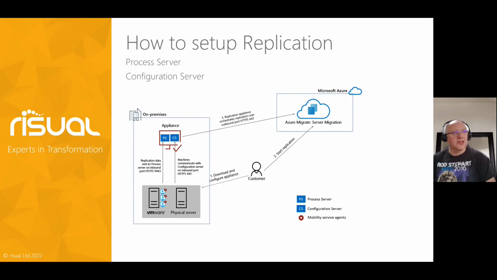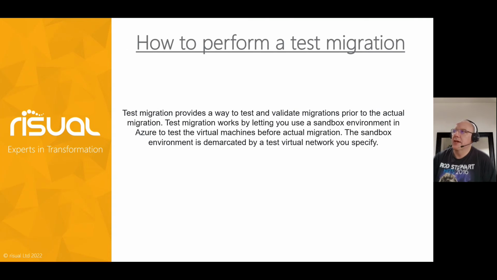Okay, replication's occurring, and the continual delta sync replication is occurring. You're now going to come to the potential day when you want to start migrating and cutting over. What's the next step? That is a test migration. So as the name suggests, test migration provides a way to test and validate migrations prior to the actual migration.